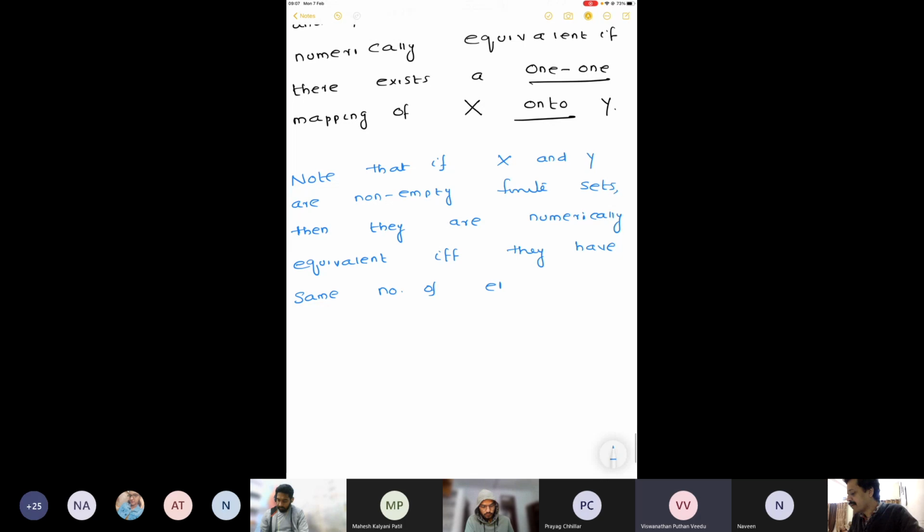So in this sense, numerical equivalence may be treated as an extension of having the same number of elements. So it is the concept we require for dealing with infinite sets.